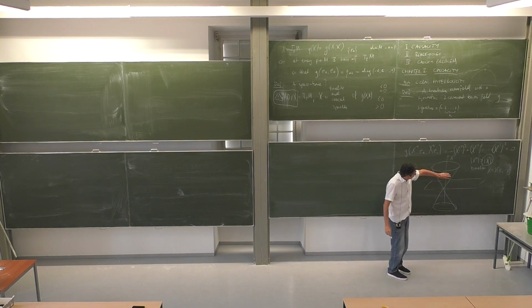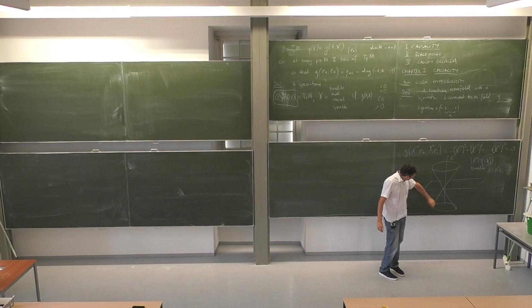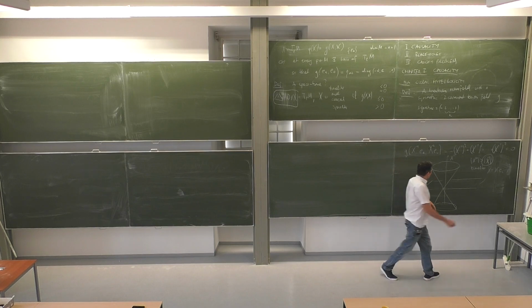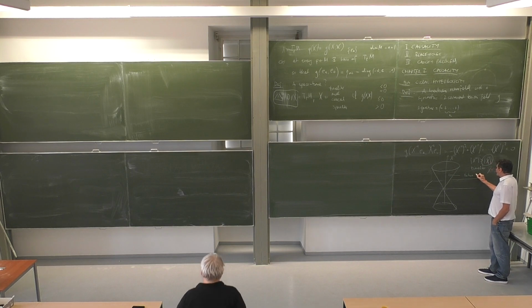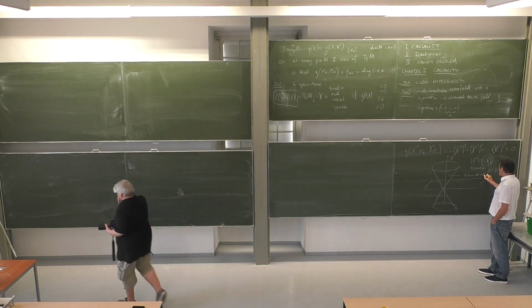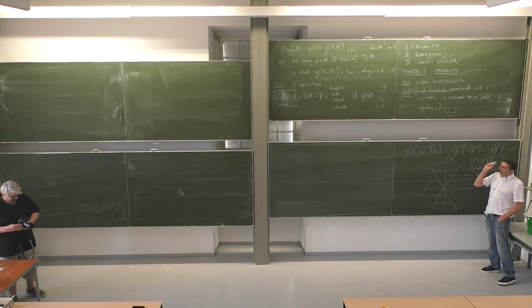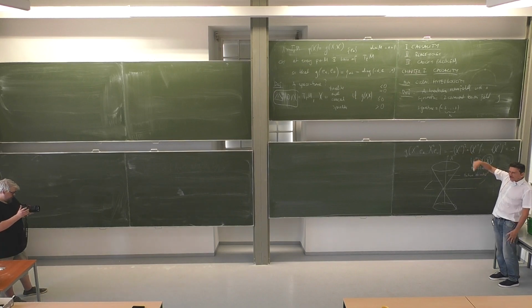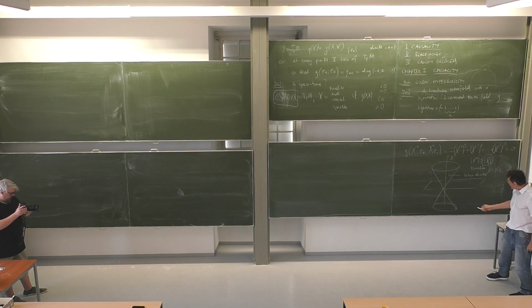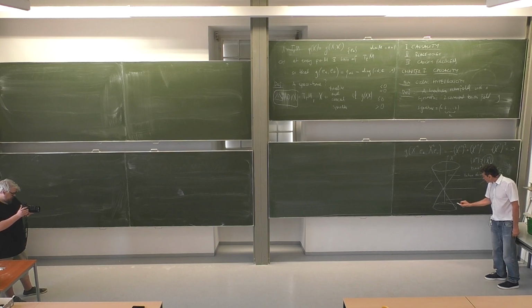So time-like vectors will be inside this cone or inside this cone. So there are two components of the set of time-like vectors, and you have to make a decision which one is which. Normally we say that future directed is here. So if I take a basis, I'm always going to choose it so that the 0 component being positive means future directed, and this would be past directed.